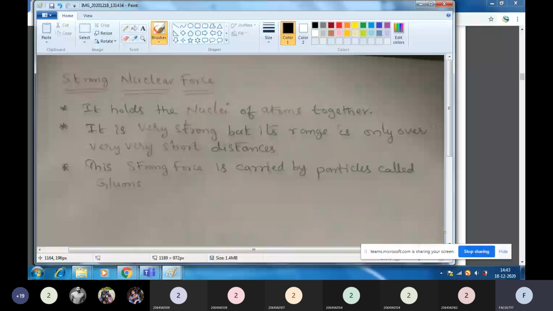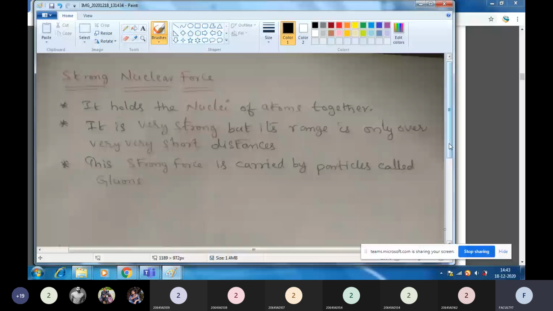Now the strong nuclear force, which we mentioned earlier, exists in the nuclei of atoms. As we mentioned in the previous points, the strong nuclear force is confined to the nucleus, inside the atom.